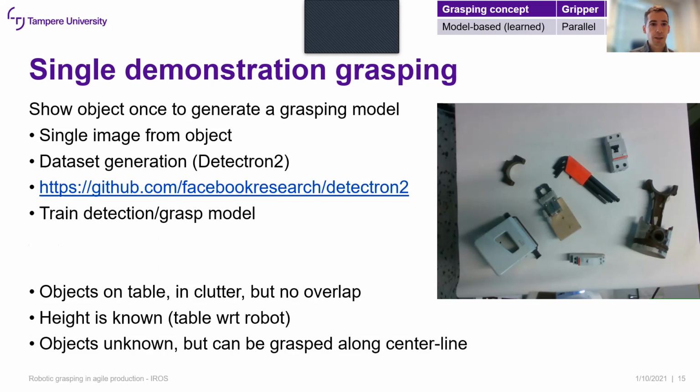The approach then takes a single image of an object and uses this to generate the data set and train a grasping model. We can utilize this information of only 3D, as we know where the robot is with respect to the table. Also, in addition, we know that each object can be grasped along the center line, meaning we know that we can do successful grasps.